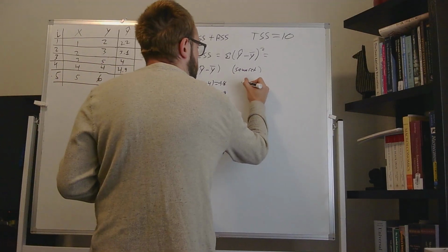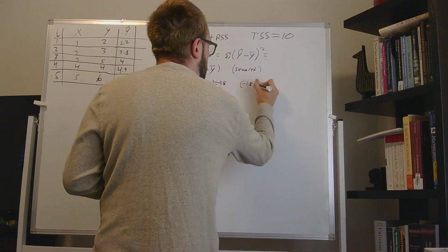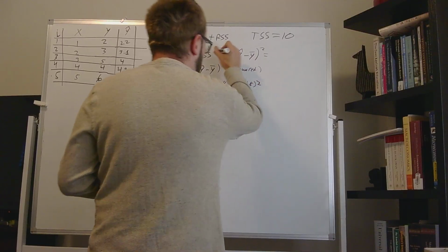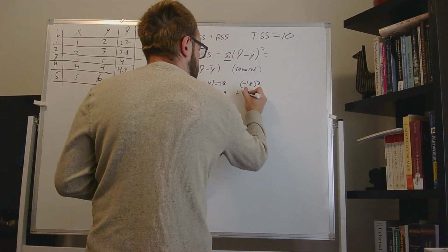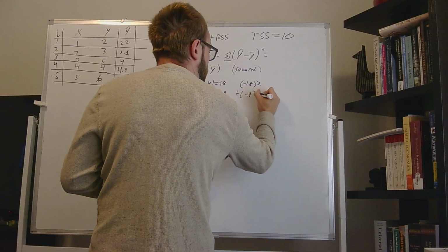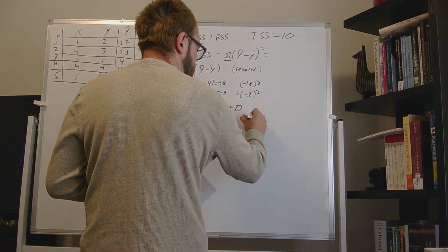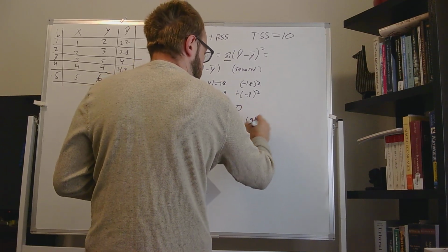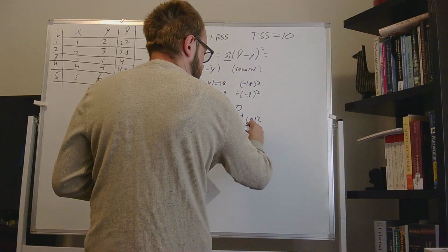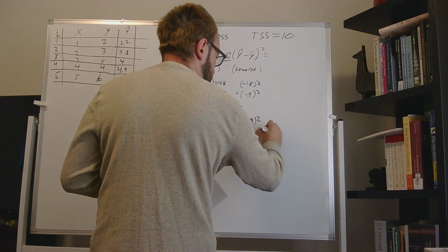Then we take these values: negative 1.8 squared, and remember, we're summing these, plus negative 0.9 squared, then 0, then 0.9 squared added, and then we're adding 1.8 squared.